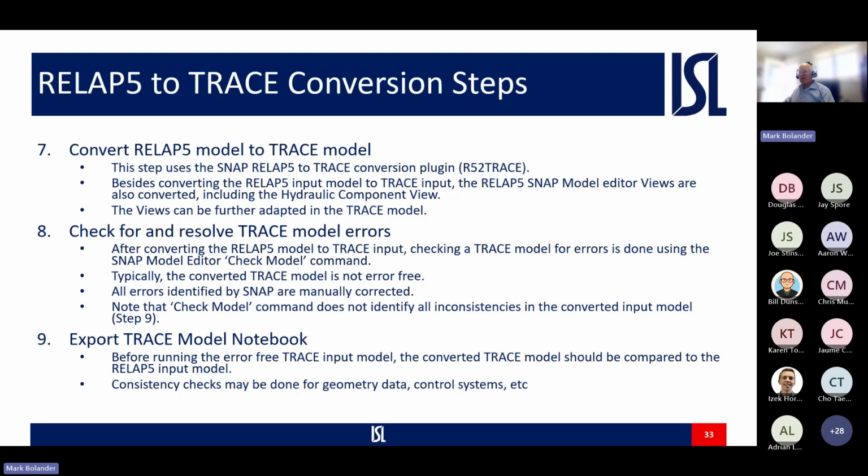Typically, the converted TRACE model isn't error-free, so be wary of that. All errors identified by SNAP are manually corrected. Note that the check model command does not identify all inconsistencies in the converted model input, so be wary of that.